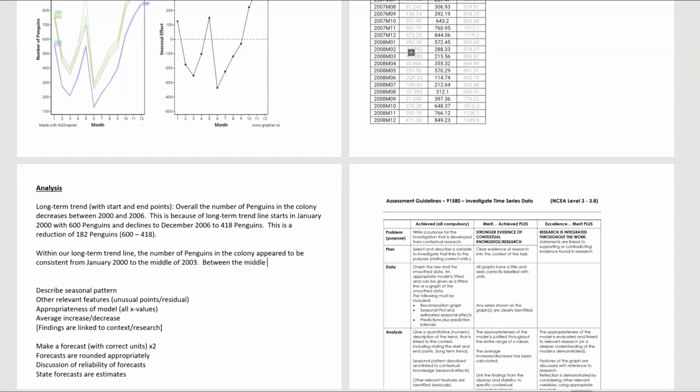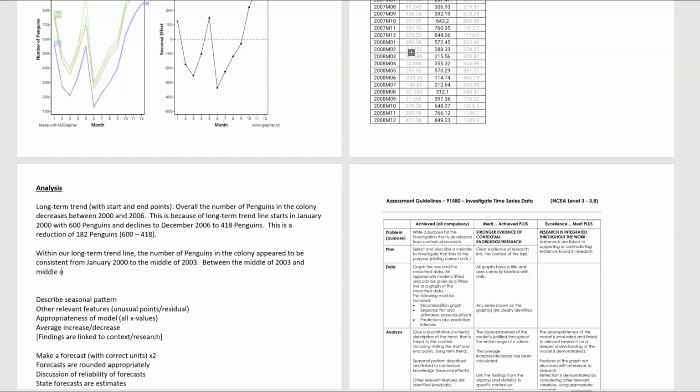Between the middle of 2003 and middle of 2004, we can observe a significant decline in the number of penguins in the colony.